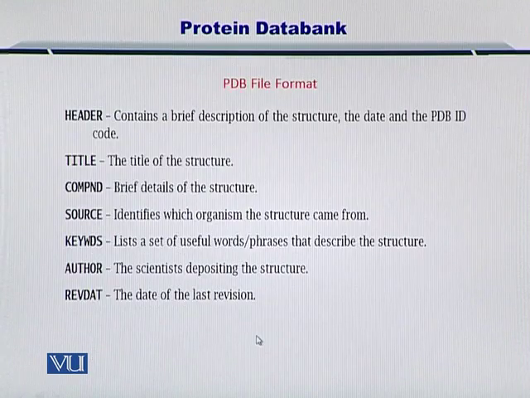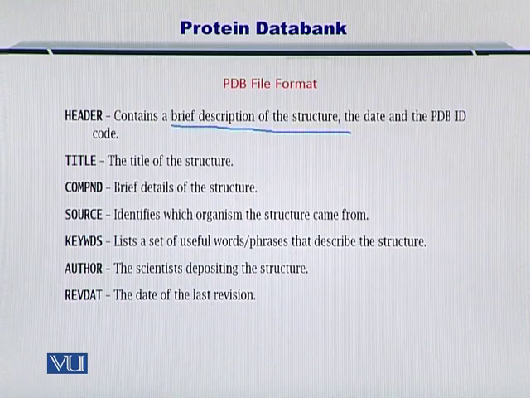The Protein Data Bank file format in which the structure of a protein is reported contains some header information. For instance, it contains a brief description of the structure, the date, and the ID of this protein.